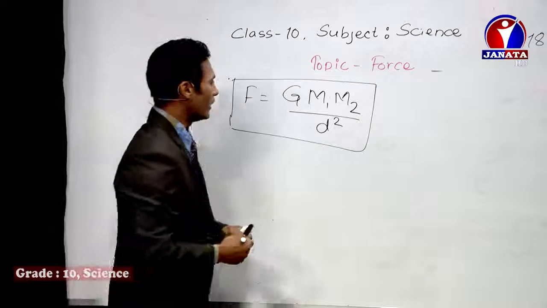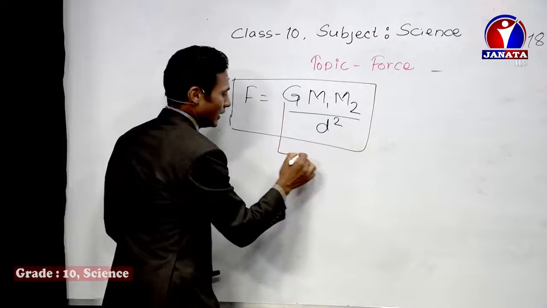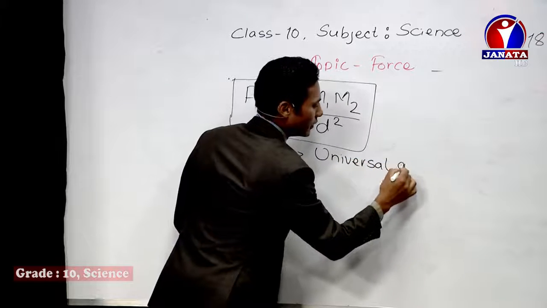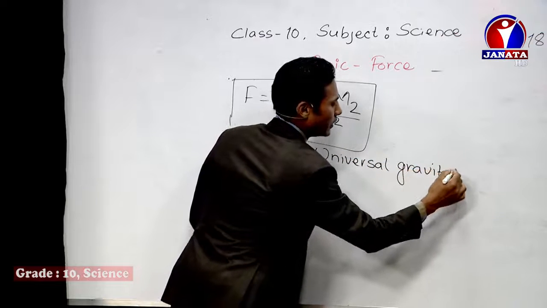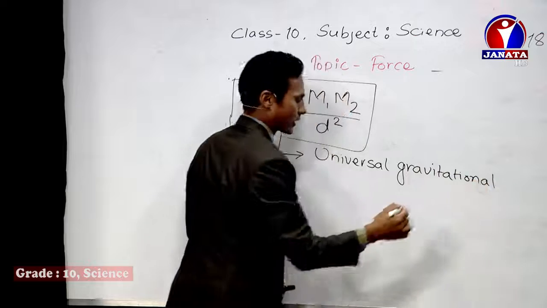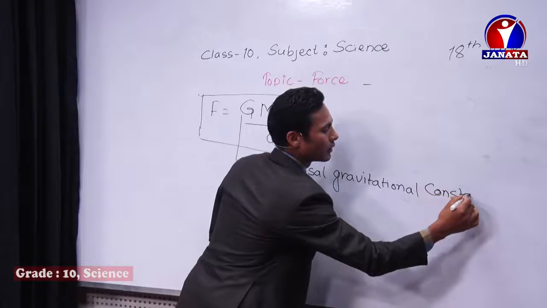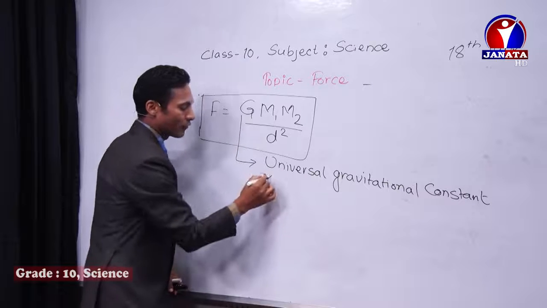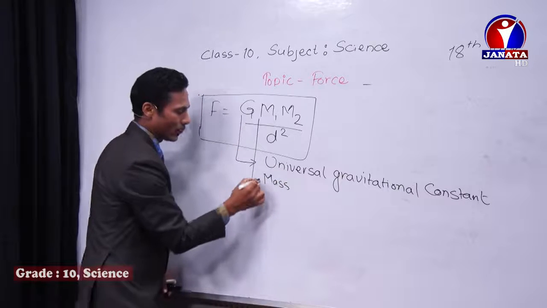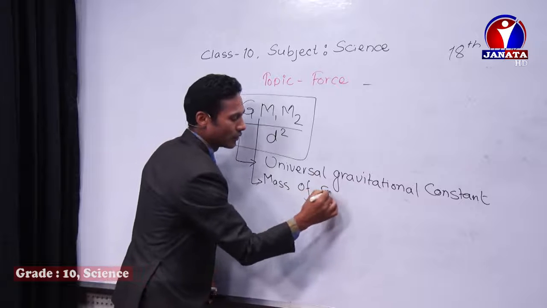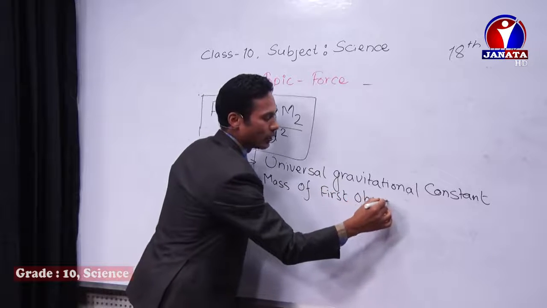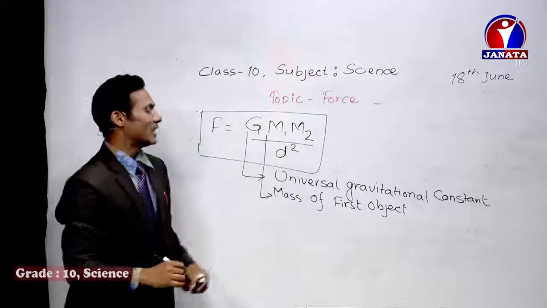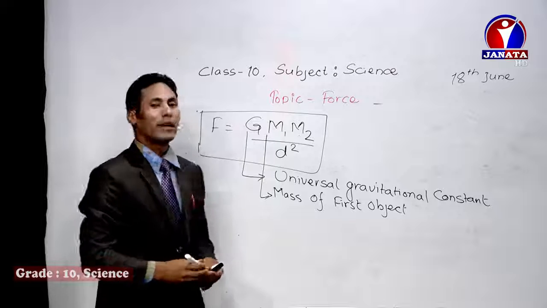Remember that G is the universal gravitational constant, m1 is the mass of the first object, m2 is the mass of the second object, and d is the distance between them from their centers.